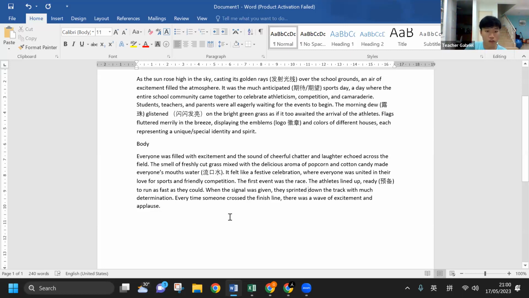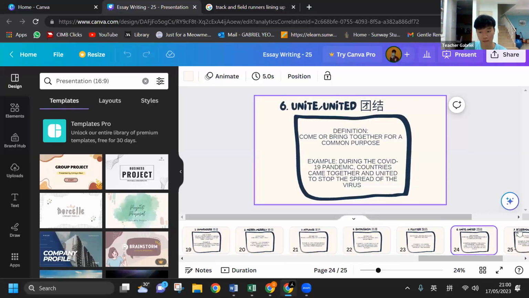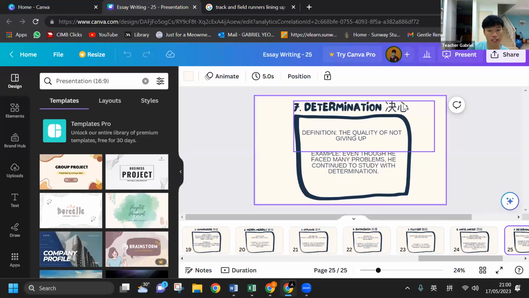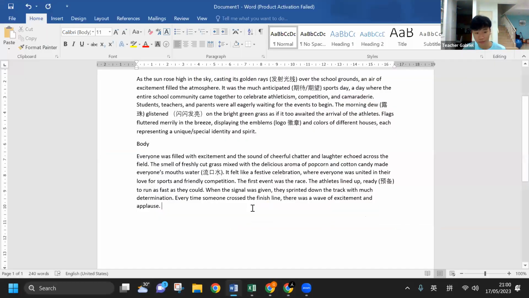Okay, then every time someone crossed the finish line, I think I have determination in my vocab. Okay, so 很决心的 Okay, means they don't give up, they're very focused. Okay, so yeah, focus and not give up on winning. Okay, so they sprinted down the track with much determination, and every time someone crossed the finish line 就是每个可能有5个人跑每一个人 cross 的那个 finish line 的时候全部人都会有一个很 exciting 的 feel.